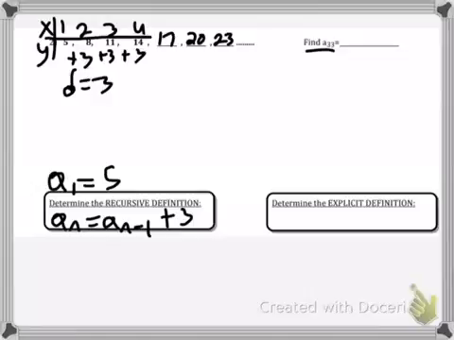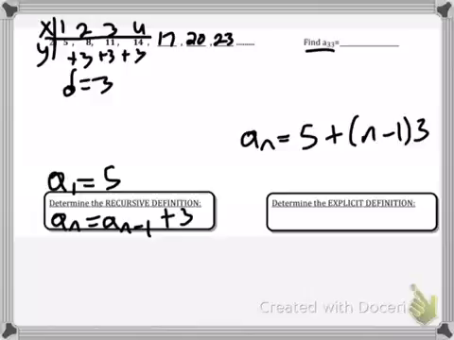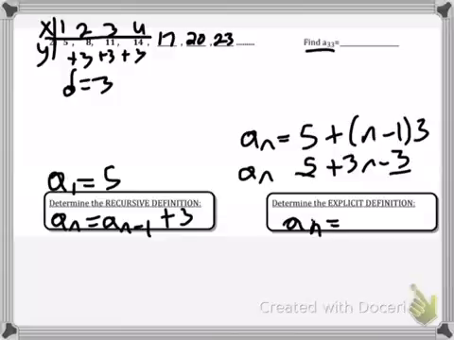Now, determine our explicit formula. We're going to substitute it in. So we got a sub n equals 5 plus n minus 1 times 3. That's going to give me 3n minus 3 plus 5. Combine those two: a sub n equals 3n plus 2.